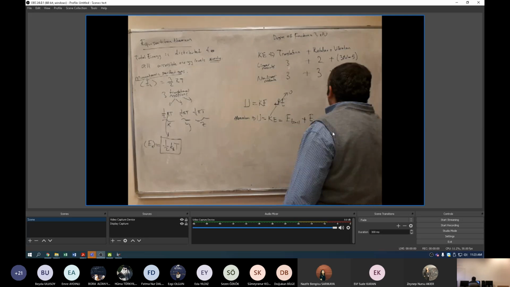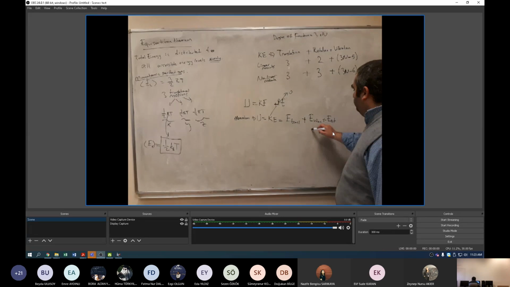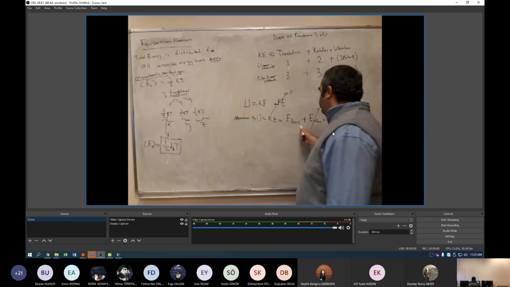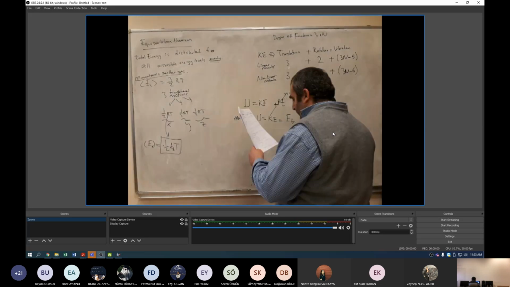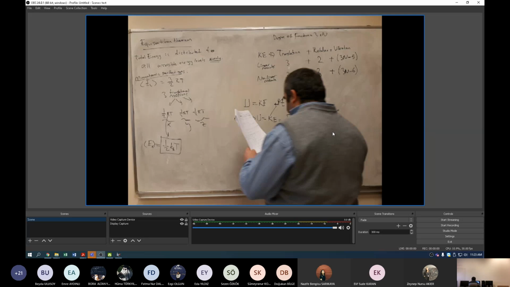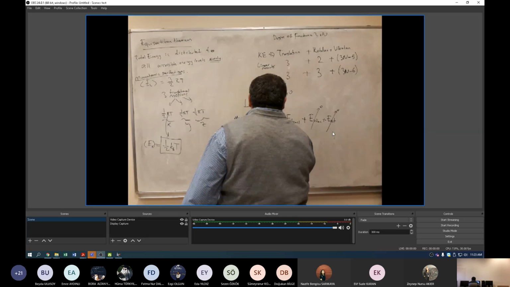So for monatomic, there is no vibration and there is no rotation. So all of the energy is from translation, and translation energy is X, Y, and Z. So U equals 3/2 RT.